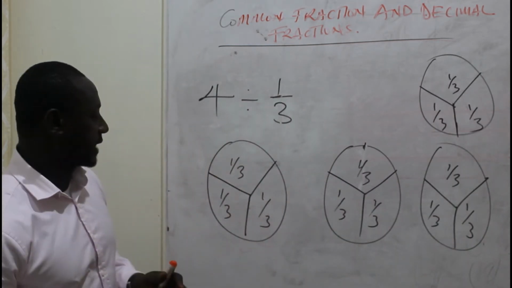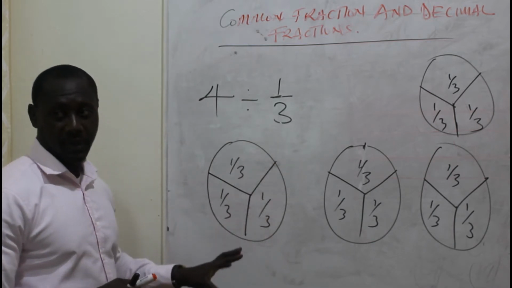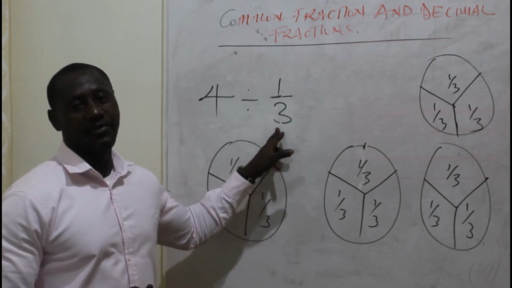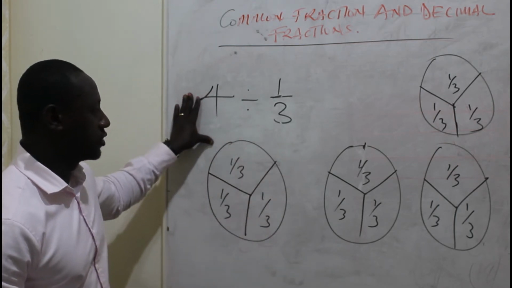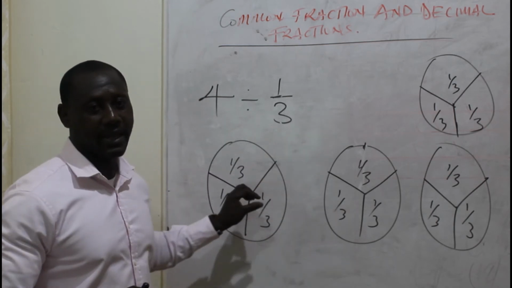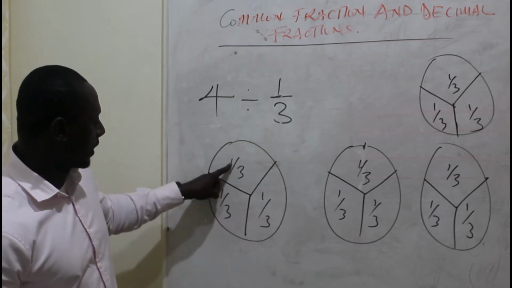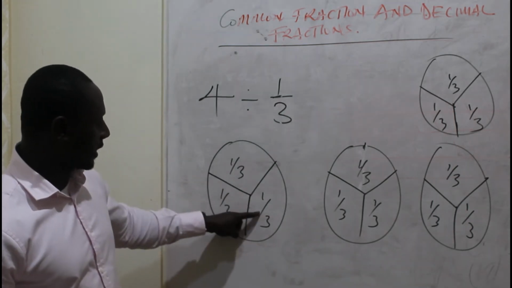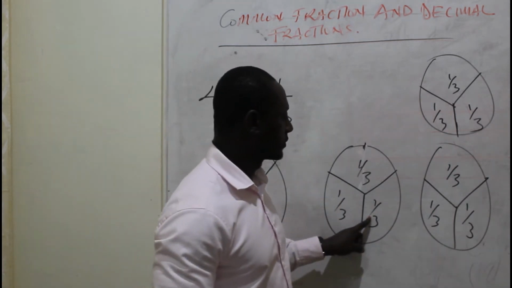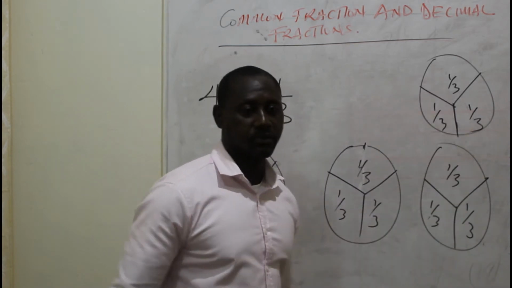So each whole that I take, I've divided into thirds. Then the question is, how many 1/3 can be found in 4 wholes? So I am going to count the number of 1/3 found in these 4 wholes. And how many are they? 1, 2, 3, 4, 5, 6, 7, 8, 9, 10, 11, 12.